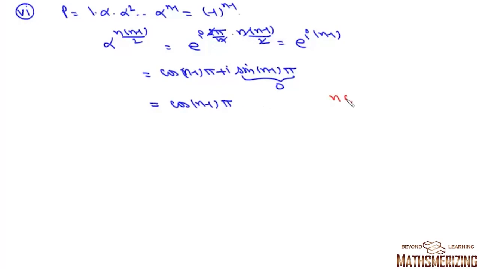Now if n is odd, say for example n is 3, then we'll get this as cos 2 pi, which is 1. And if n is even, we'll get this as cos pi, which is minus 1. So we can write this result as minus 1 to the power n minus 1. So the product of all the nth roots of unity is minus 1 to the power n minus 1.